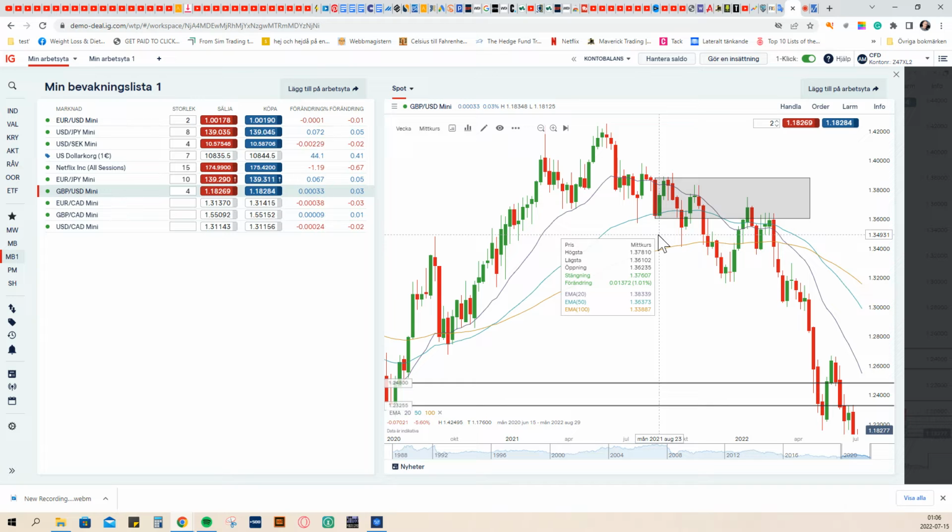So we have, let's say, 1, 2, 3 inside bars here. Then it goes a little bit up there, but we have a resistance level here, a supply level. So it goes back down.